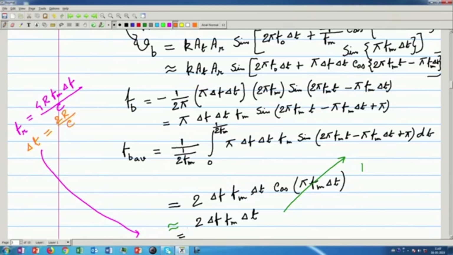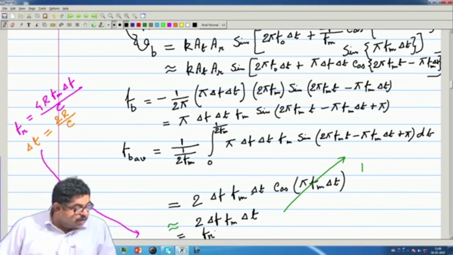If we put them here, then we get this f_b average. You put these two, it will become f_R. So, it is directly giving you f_R. So, if you make bit average, that will give you f_R.